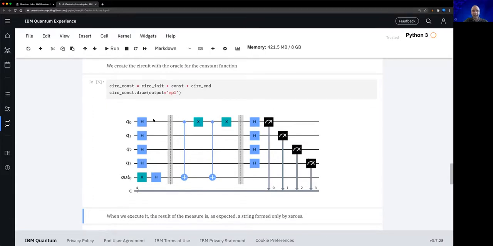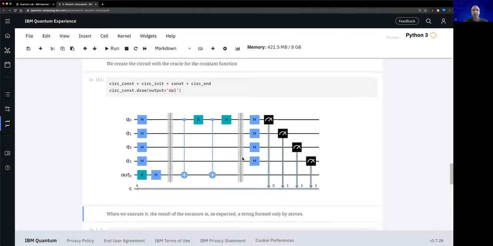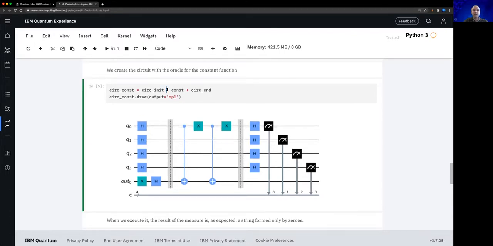This is the initial part, this is the oracle for the constant function, and this is the part in which we do the measurements. Notice that I can use this very useful operation of concatenation of circuits to create a bigger circuit from individual circuits. This is something that is also very useful, and this is, I think, the first time that we use this operation.